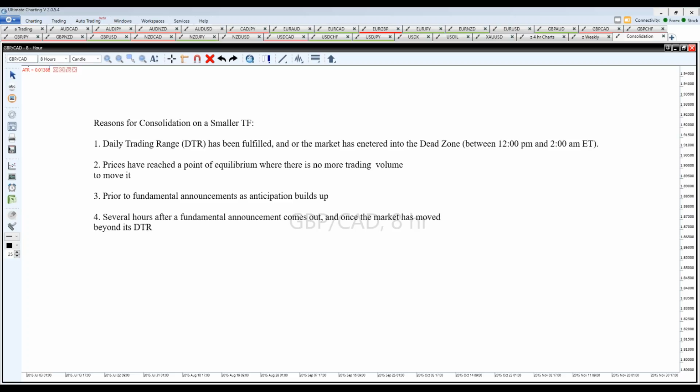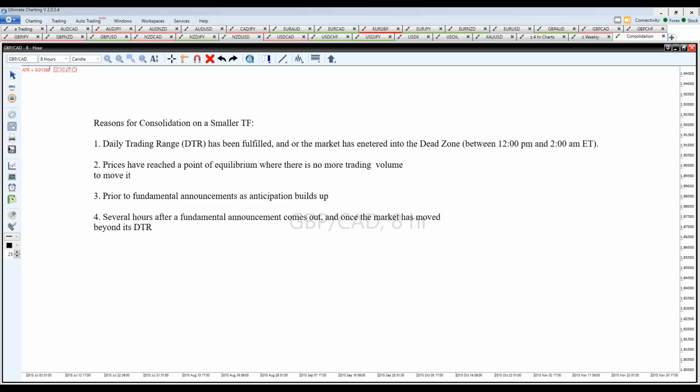So several hours after the market has been affected by a major fundamental announcement, that can provoke the market to move way beyond its average DTR, it falls into a resting period. And that resting period will be evidenced by sideways movement.